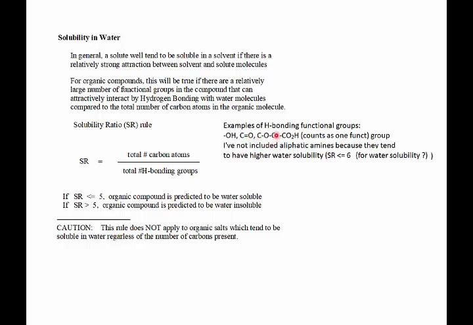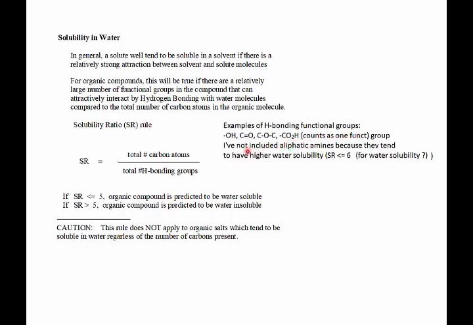An ether group itself can accept a hydrogen bond from water on the oxygen. The carboxyl group is also a group that can hydrogen bond to water. Now, it has a carbonyl group and an OH, so there are actually two functional groups. You might think we should double count it, but experience shows that the carboxyl group behaves just as a single hydrogen bonding group, so if we have a carboxylic acid in a molecule, we'll count it as just one hydrogen bonding functional group.